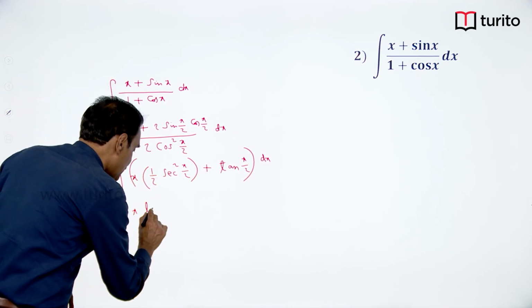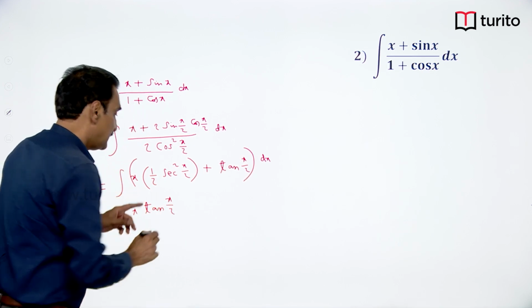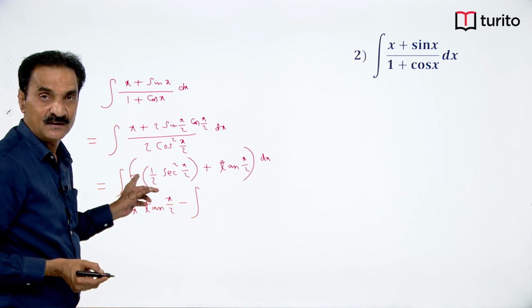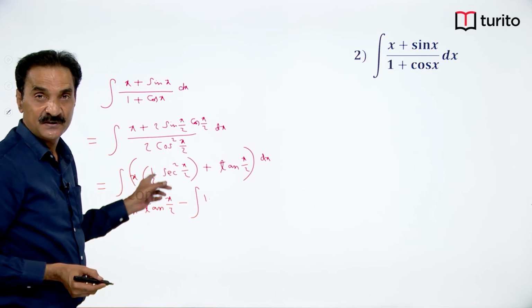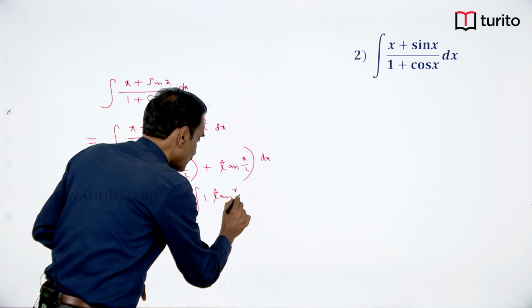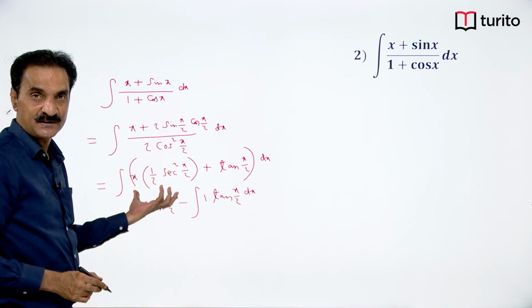So, x into tan x by 2 minus integral derivative of the first function, derivative of x is 1 into integral of the second function is tan x by 2 dx. This is integral of this product.